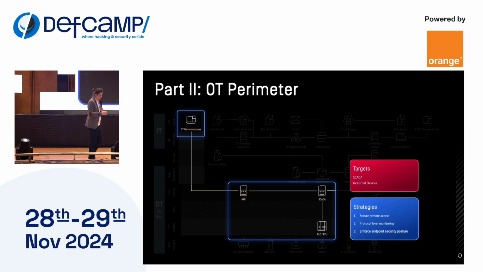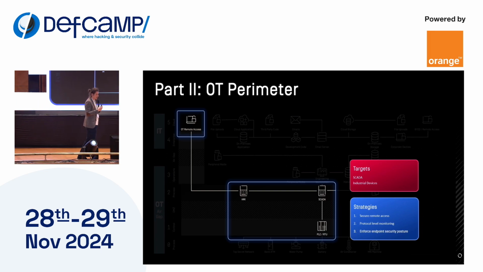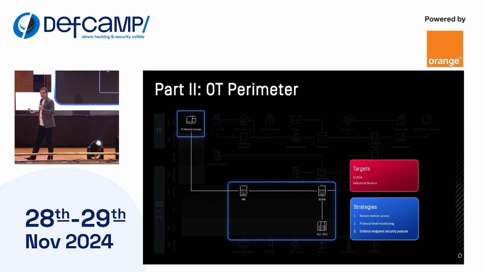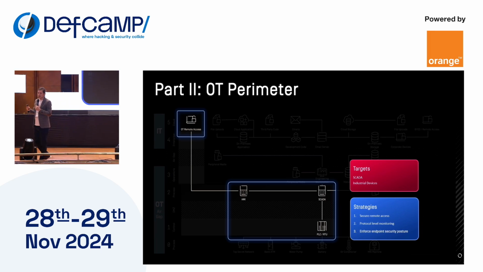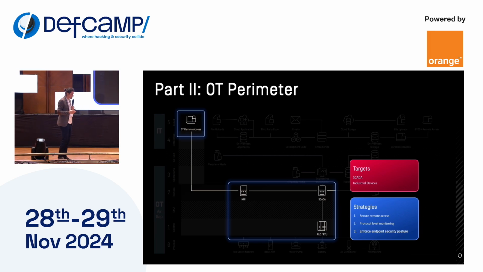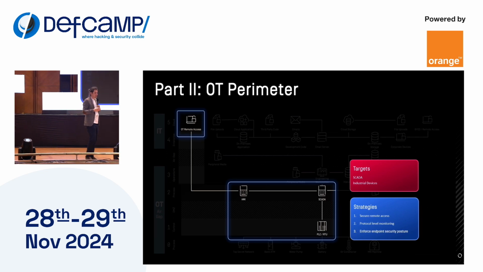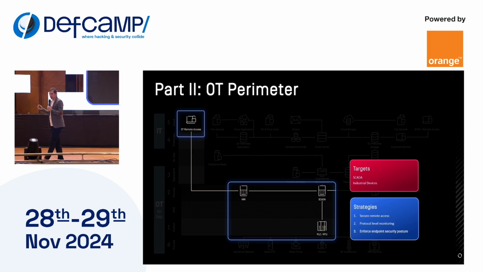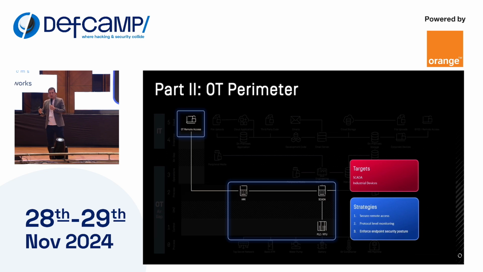So what we need to do is provide secure remote access, which is a terminology for remote access solutions dedicated to the OT environments, right? And those have to essentially be able to do protocol level monitoring. And when I say protocol, we're talking industrial protocols, right? Modbus, S7, and whatnot. Depending on the vendor, they use their proprietary protocols.